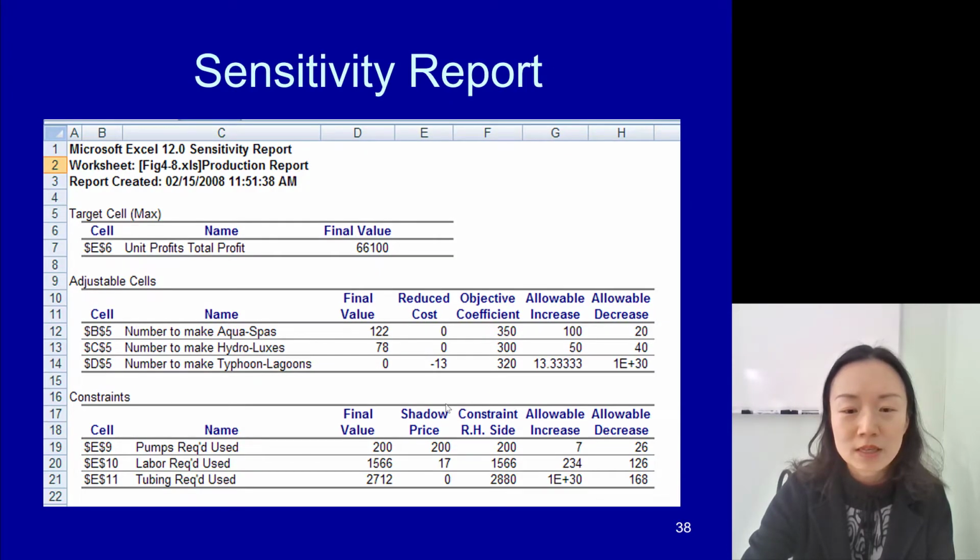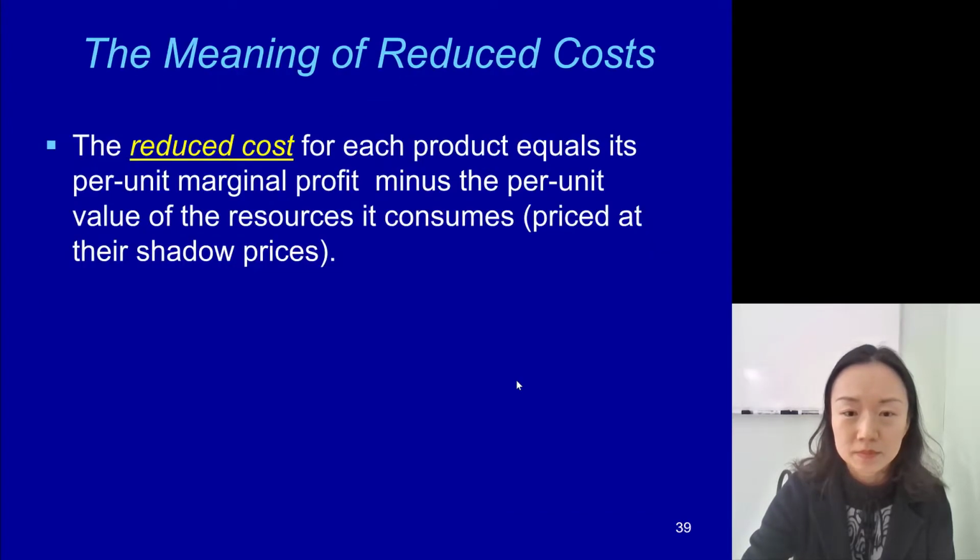Okay, so with this, we're going to talk about this reduced cost column. What does it mean? The reduced cost for each product equals its per unit marginal profit minus the per unit value of the resources it consumes, priced at their shadow prices.